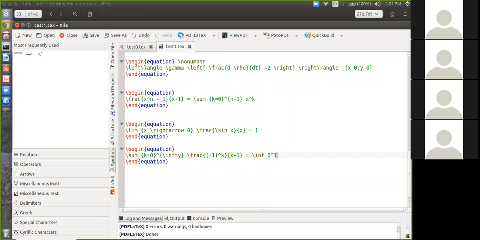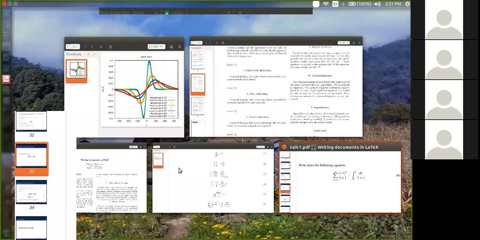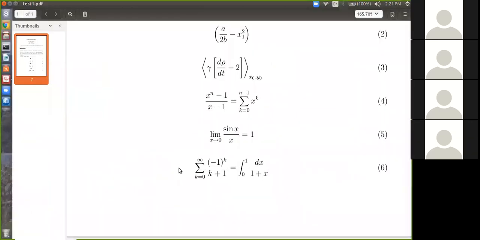Then give a space, slash frac dx by 1 plus x. So I will compile it. Yeah, here it is, equation 6.